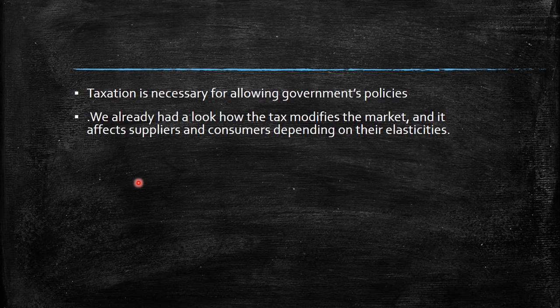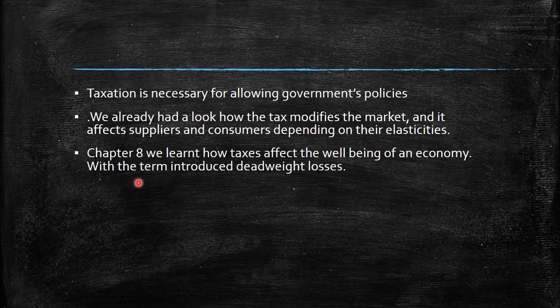So the more inelastic curve is going to be the part of the market that needs to pay more for this tax. We already know that from chapter 11.